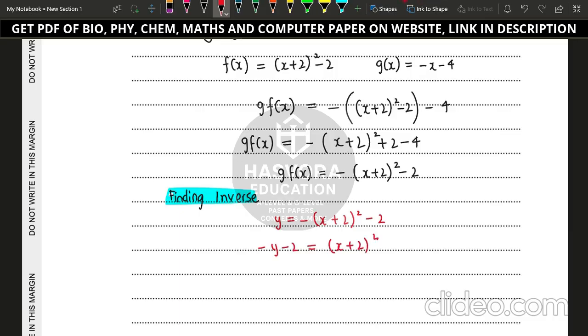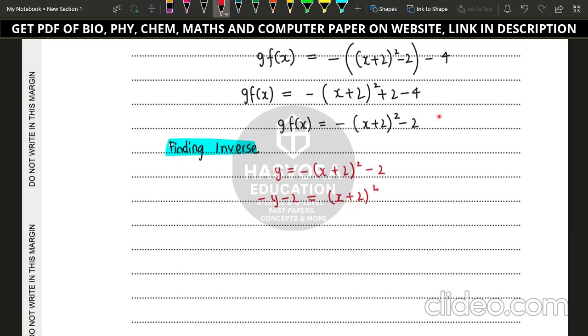Now take the square root on both sides, so it becomes √(-y - 2) = x + 2. This will become x = -2 ± √(-y - 2), because you have taken the square root.